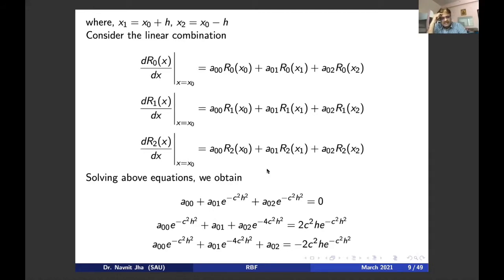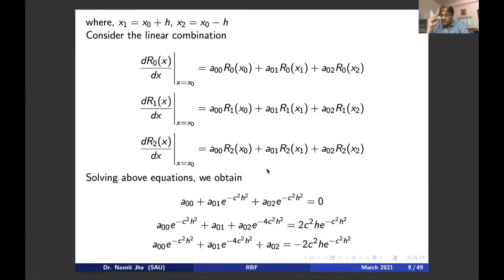So it is written as x equal to x0. And this is a linear combination a00 r0. A00 is again a parameter that will be determined later on. R0 x0 plus A01 R0 x1, the same radial basis function at another grid point.